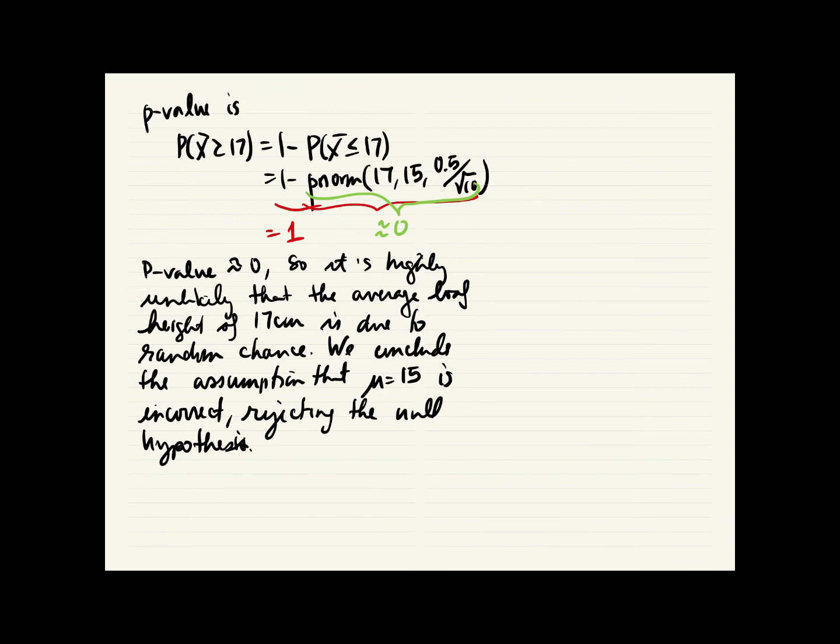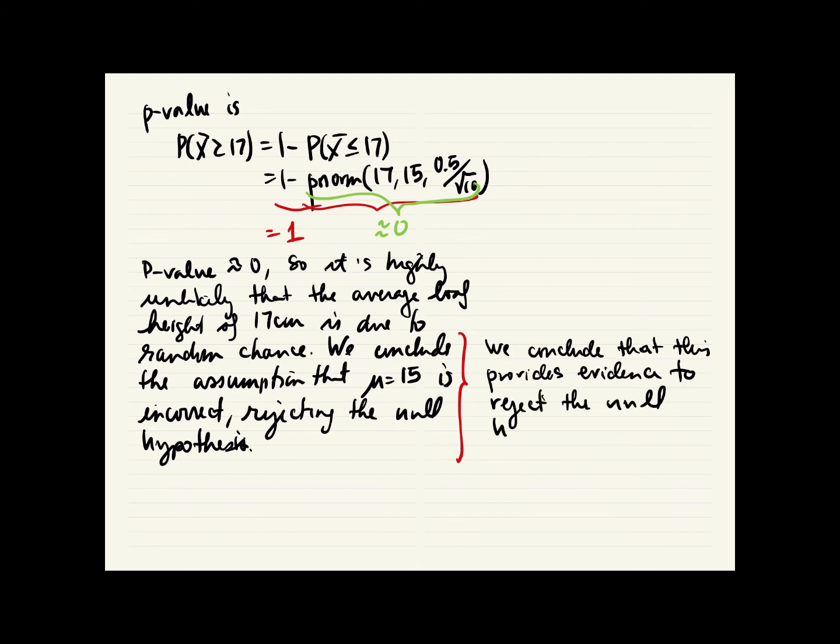It might be a slightly better way to say this here. I might say, we conclude that this provides evidence to reject the null hypothesis, and accept that mu is bigger than 15 centimeters.